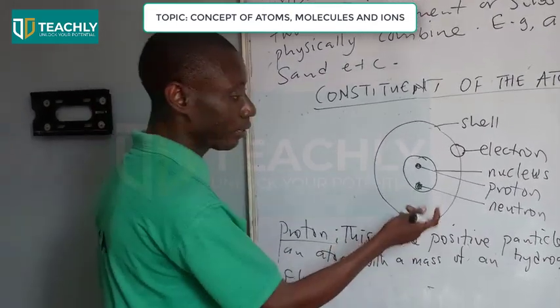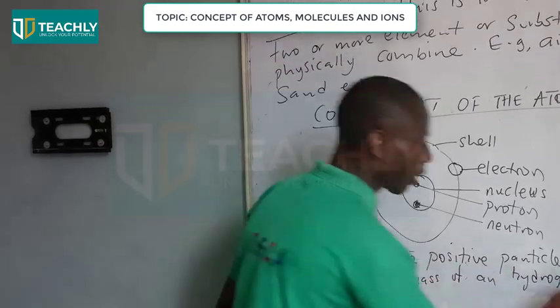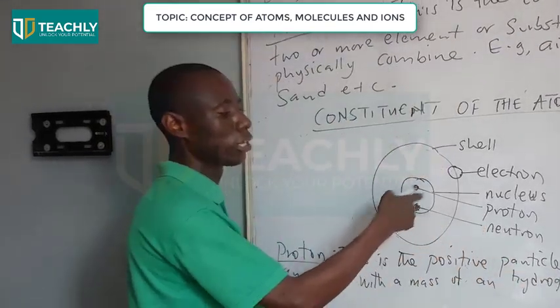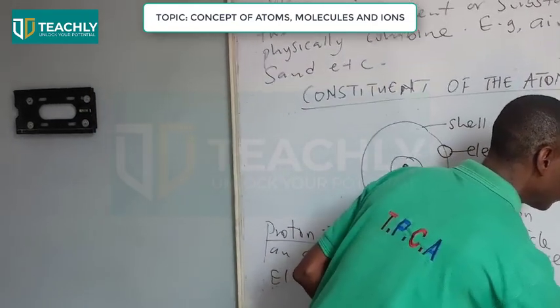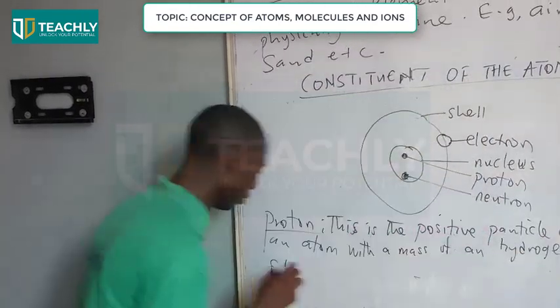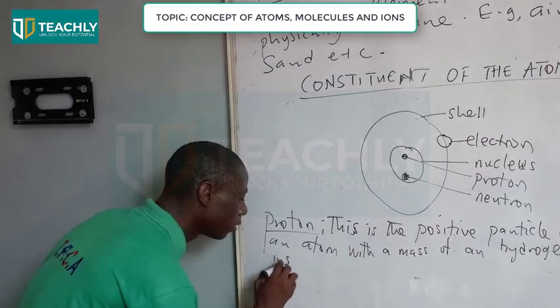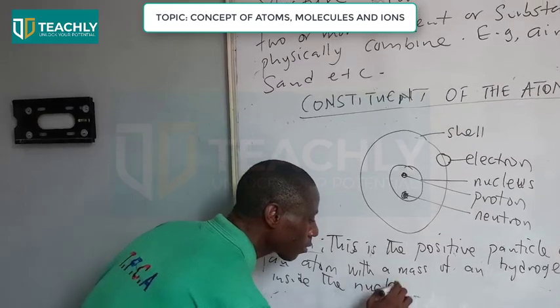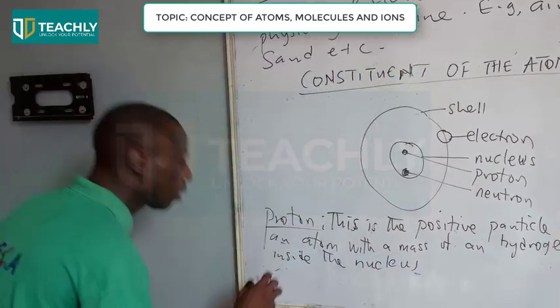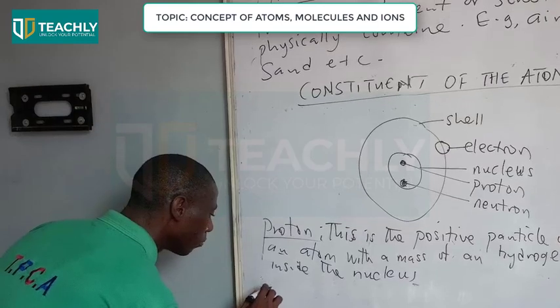So look at it. Where can it be found? It is located inside the nucleus. The second one here is a neutron.